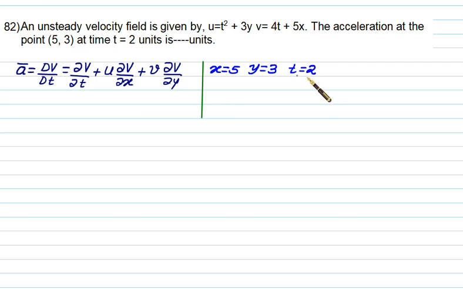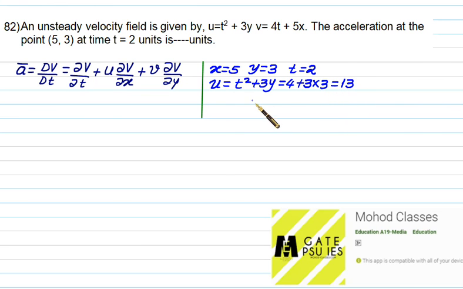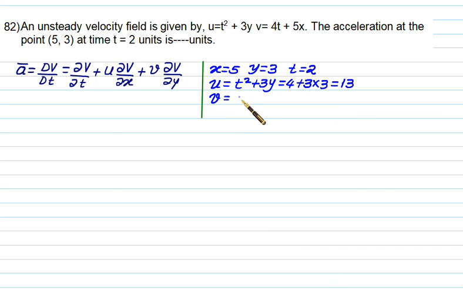In that case we have u = t² + 3y, that equals 4 + 3 into 3, which is 9, plus 4 equals 13. Similarly we have v = 4t + 5x, which equals 4 into 2 plus 5 into 5, that is 25 plus 8, equal to 33.